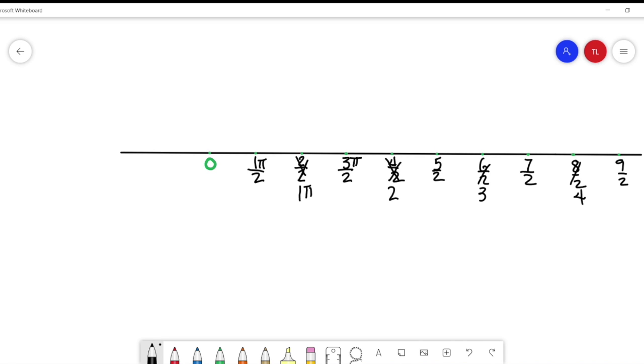You're putting pi behind every one of them.